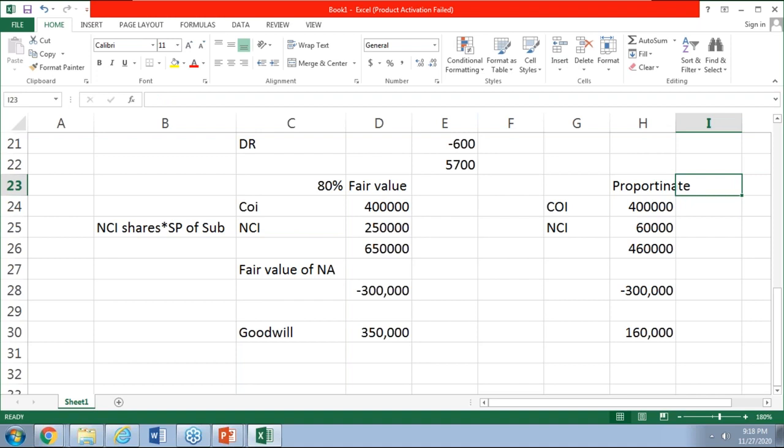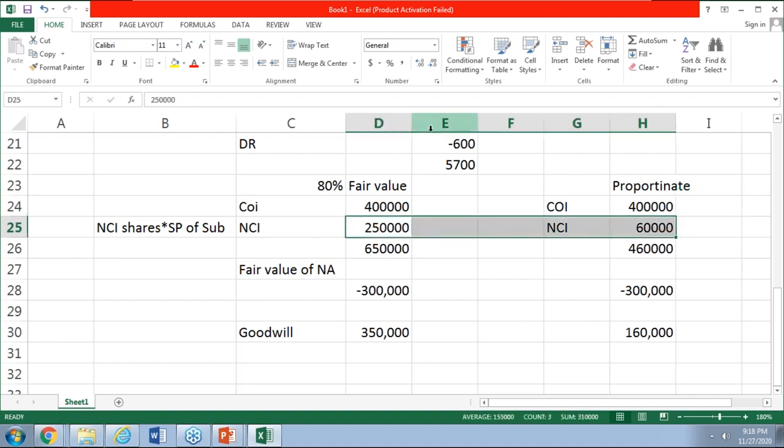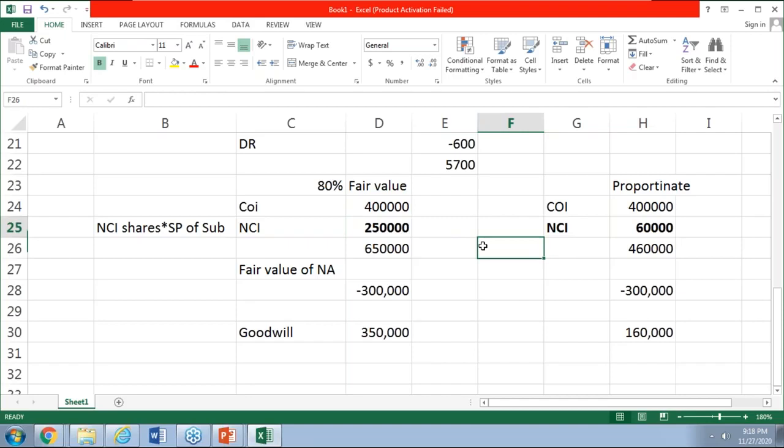The only difference is the calculation of NCI. In the fair value approach, we use the fair value of NCI, and in the proportionate approach we use the proportionate share of NCI in the fair value of net assets at acquisition. So this is the difference between the two approaches.